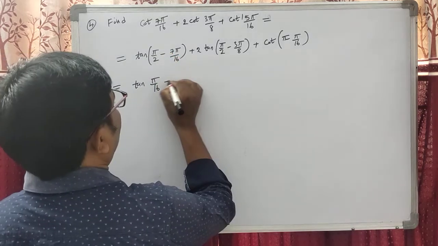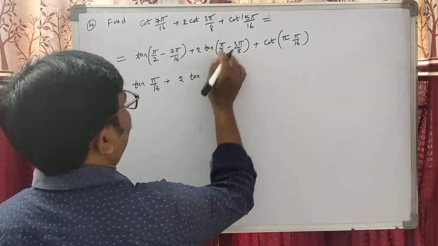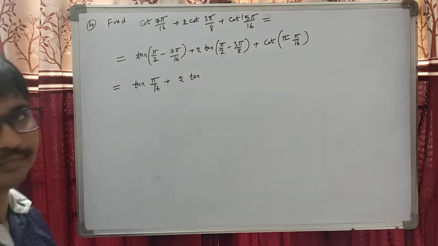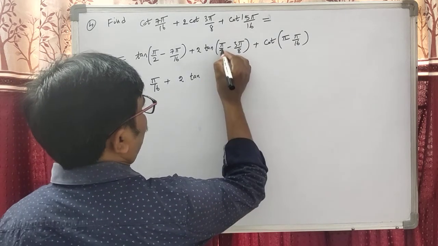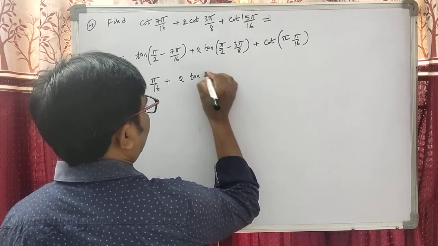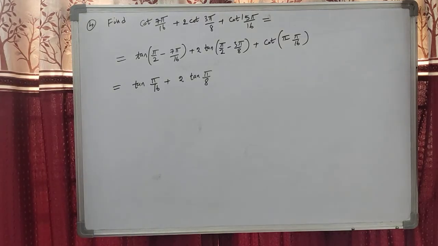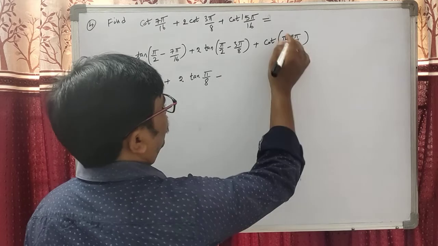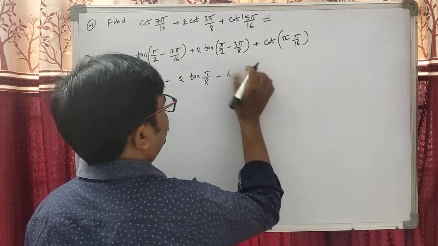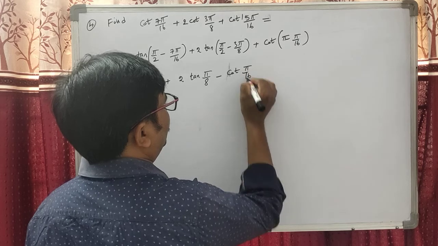Now this is, students, we can take tan of, what is the LCM? 8. LCM is 8. 2 4s are, therefore students, 2 4s are 4 pi minus 3 pi is pi by 8. Okay students, after that the cot of 180 minus theta, second quadrant, cot 180 minus theta is minus cot theta.